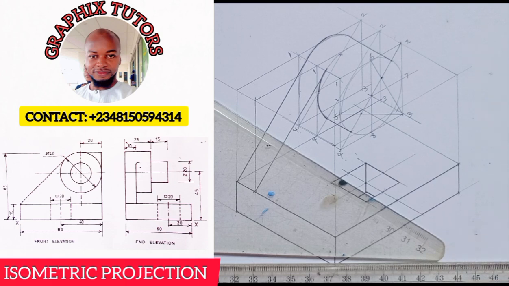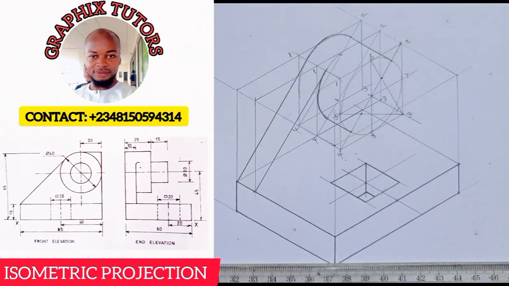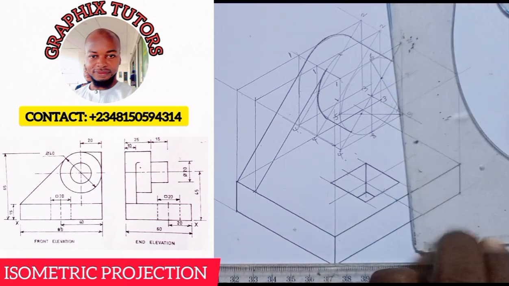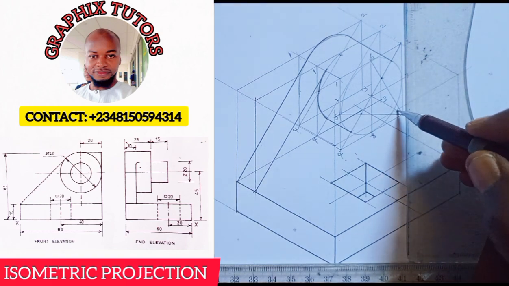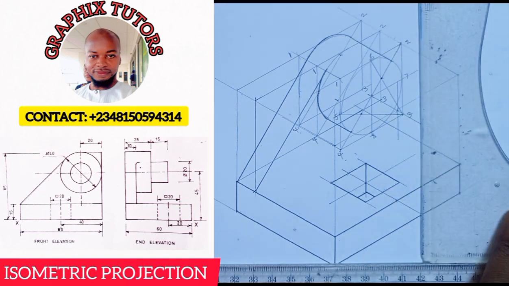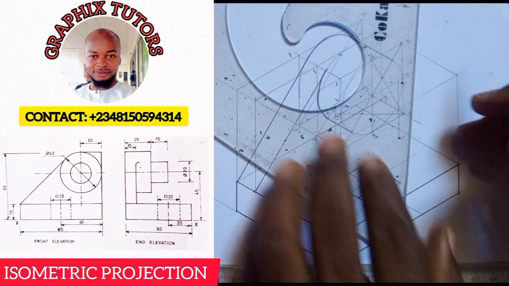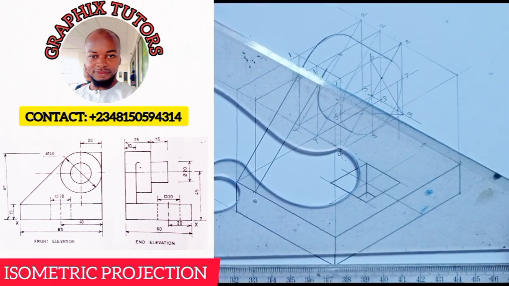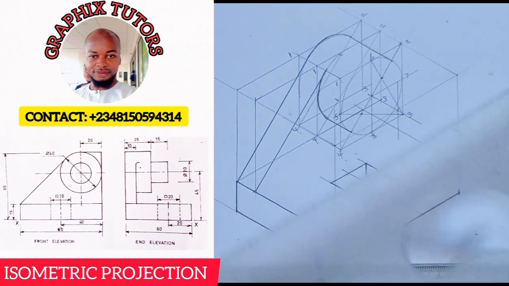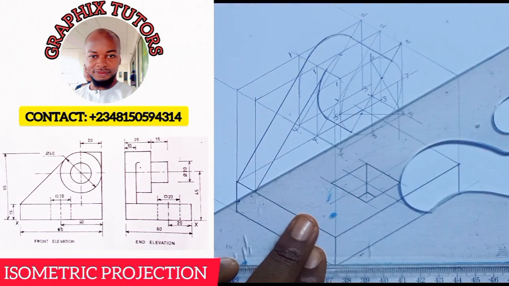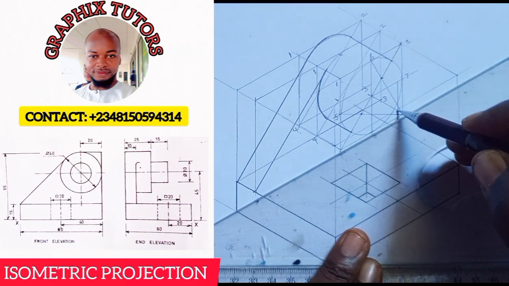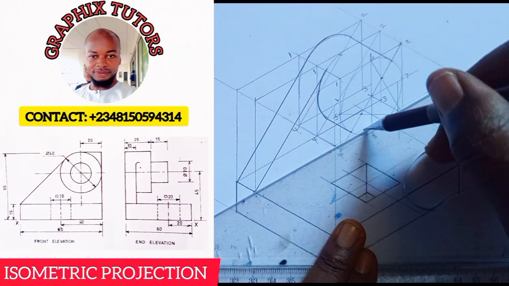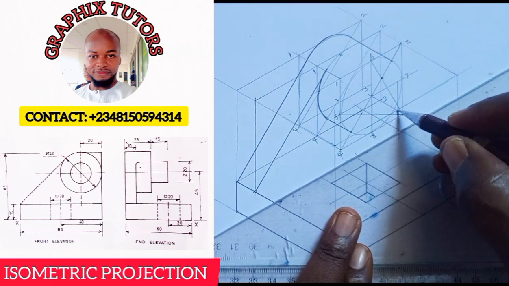Once I measure 15 on that line, I'm going to draw my vertical and horizontal lines using my instrument the way you can see. So on this point, I'll draw vertical, and on the same point, I'll draw horizontal. So this is where they are meeting.